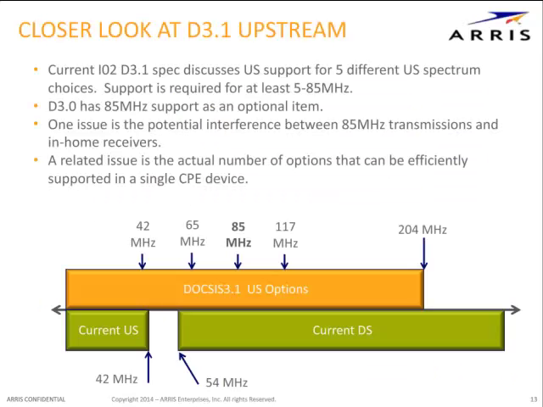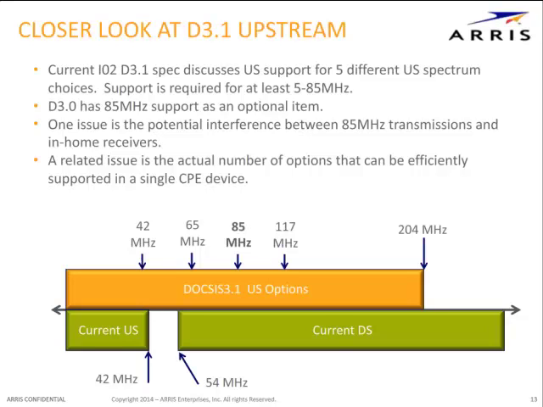So if we take a closer look at the changes for the DOCSIS 3.1 upstream, there's upstream support for several different choices in the DOCSIS 3.1 spec. We're talking here about DOCSIS 3.1, but DOCSIS 3.0 actually had support for 85 megahertz as an optional item. And in DOCSIS 3.1, 85 megahertz went from being optional to being the required option.